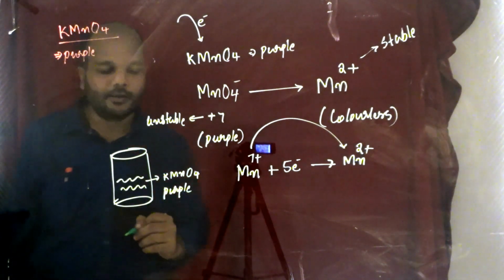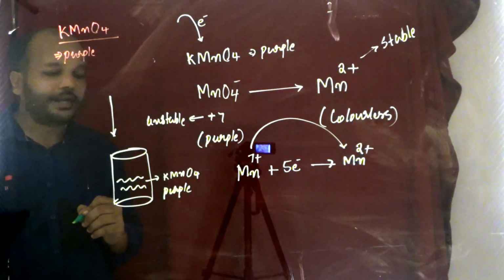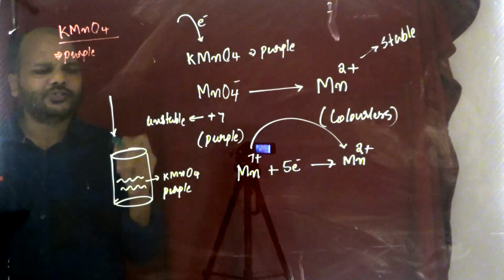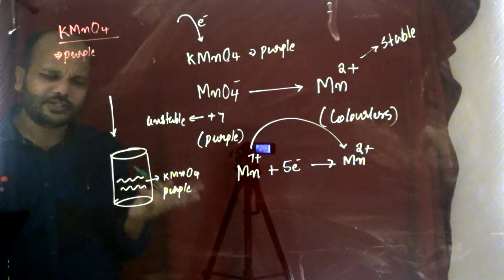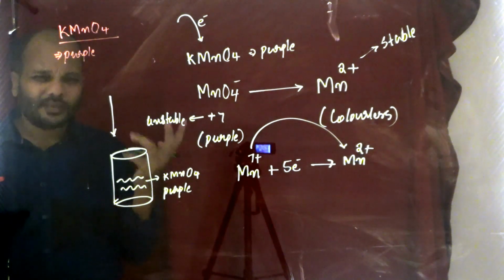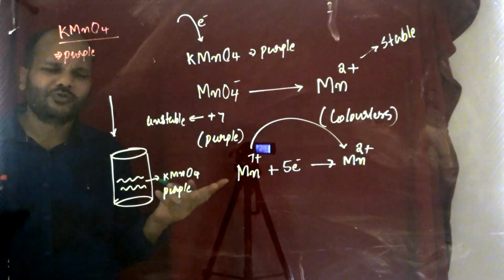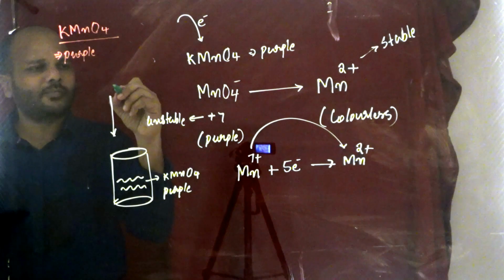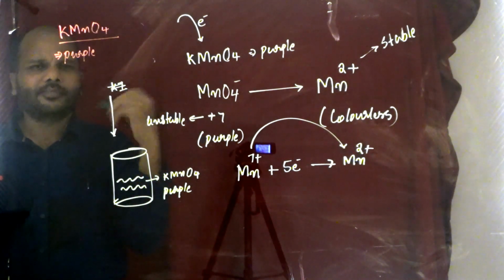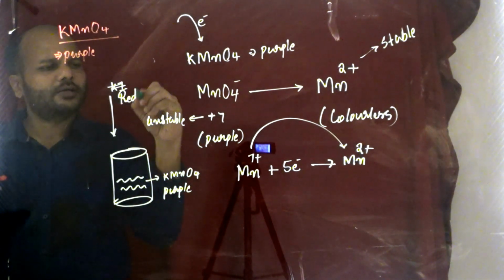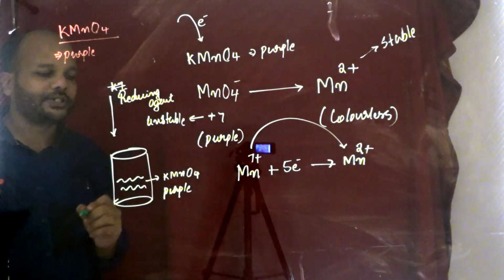Now you add some reducing agent, let it be any reducing agent, any agent which is giving electrons. Let it be carbon monoxide, sodium, or potassium iodide. I will take the example of potassium iodide. So I am adding a reducing agent.